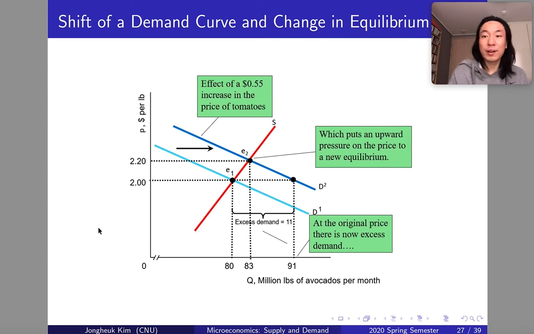So $2 is not the equilibrium price anymore with the change in the demand curve. $2.20 is the new equilibrium price level. And how about the equilibrium quantity? At E1, the equilibrium quantity was 80, but since the demand curve shifts to the right side, at the new equilibrium point E2, the equilibrium quantity is 83. Okay, so the equilibrium is changed.